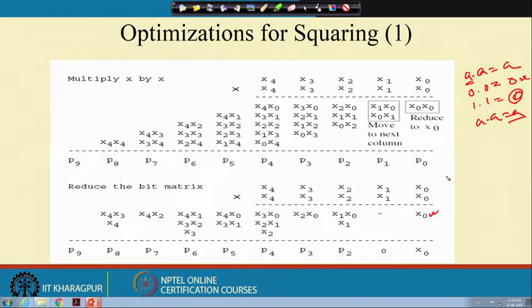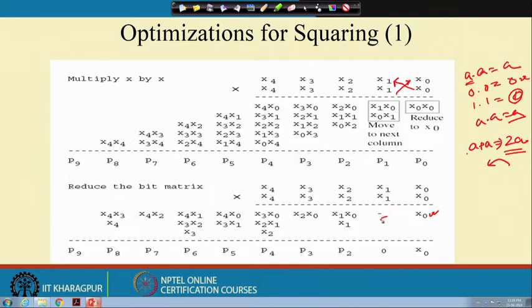Then for P 1, it will be this and this: x 0 x 1 and x 1 x 0. So, that is nothing but x 0 x 1 and x 0 x 1. If I add a plus a, it will be twice a. Twice a means the a will come to the next MSB position.